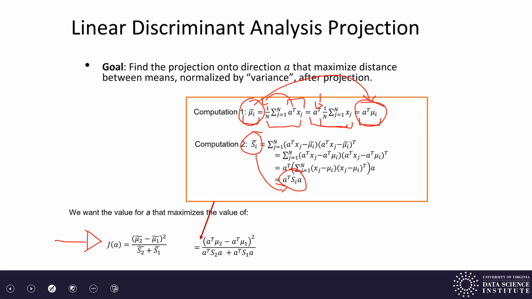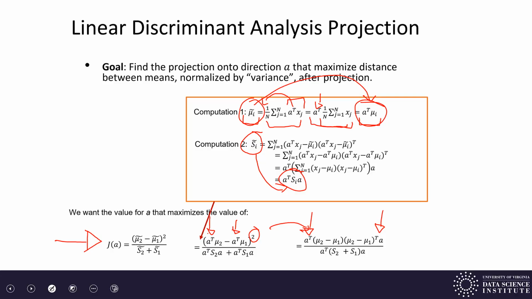J of A is equal to this formula here, using those computations we just did, which, if we write it out a little more carefully, is this. We're being a little informal: when we write this squared, this top here, we really mean what's written here. Then we can take these A transposes here and here, and a little bit of linear algebra says we can bring them all the way out to the outside.